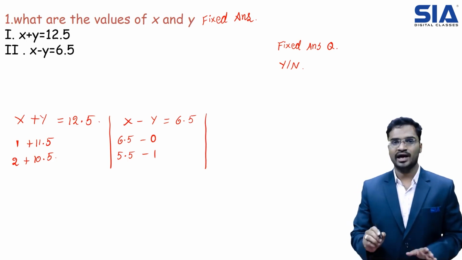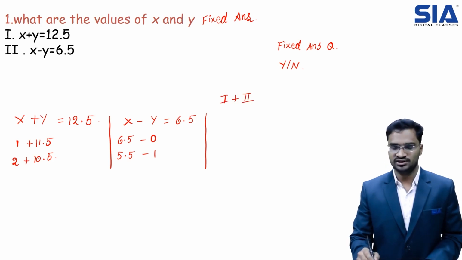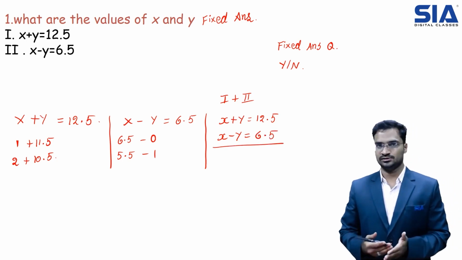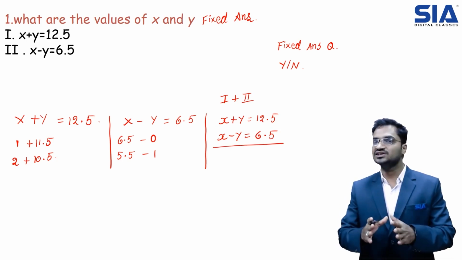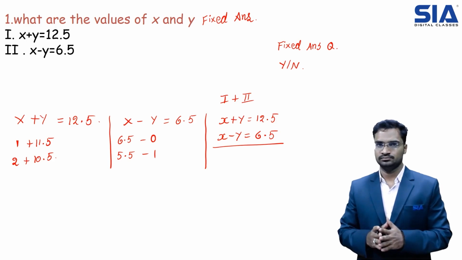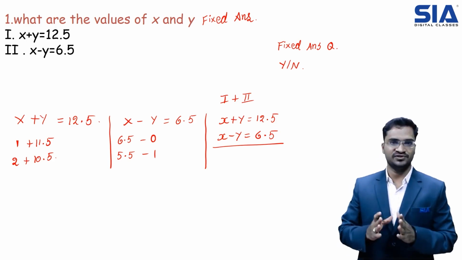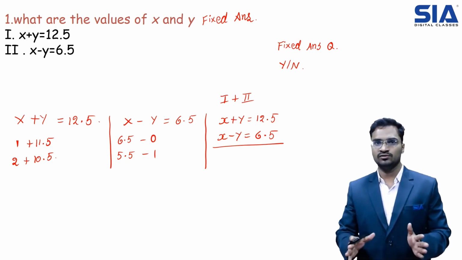Now what I have to do is combine both of these statements. Let us combine statement 1 and statement 2. Statement 1 is x plus y is equal to 12.5 and statement 2 is x minus y is equal to 6.5. After solving these two equations, I am reaching fixed answers of x and y. In data sufficiency problems, we do not have to solve for the answer.